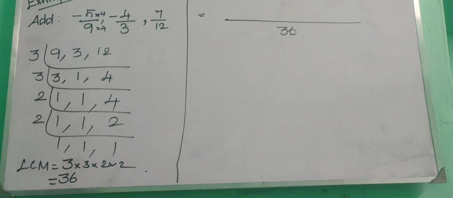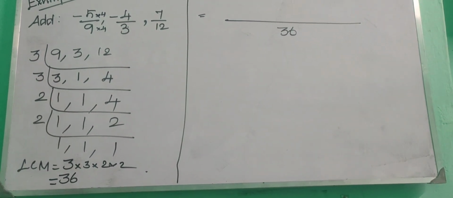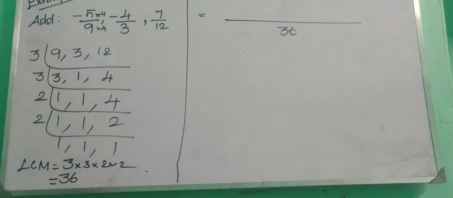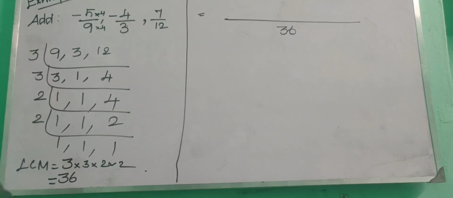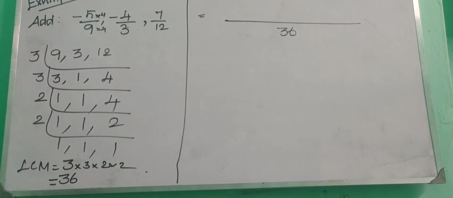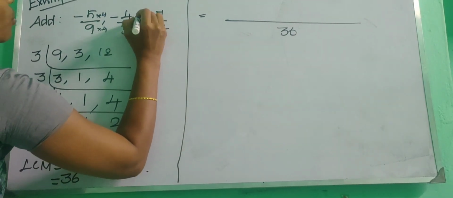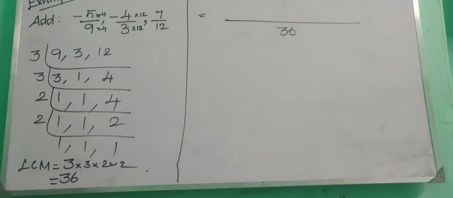Then the next term we have, minus 4 upon 3. What will be multiplied with this 3 to get 36? 12, right? 12 3s are 36. So we need to multiply by 12 in the numerator as well as in the denominator.